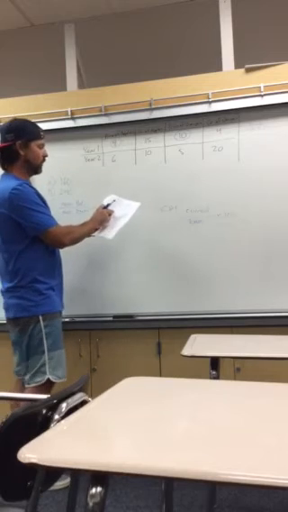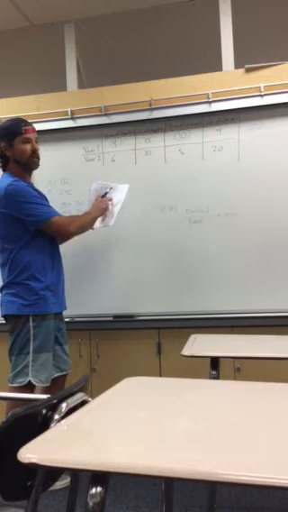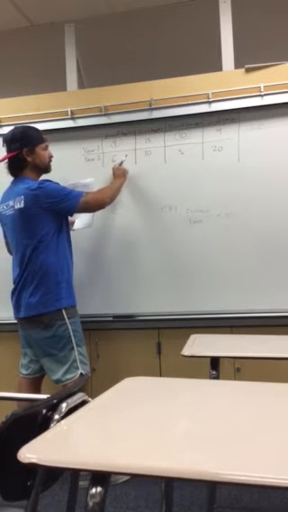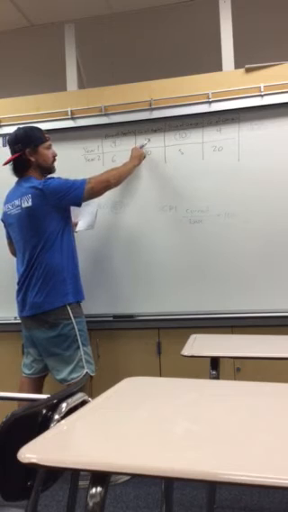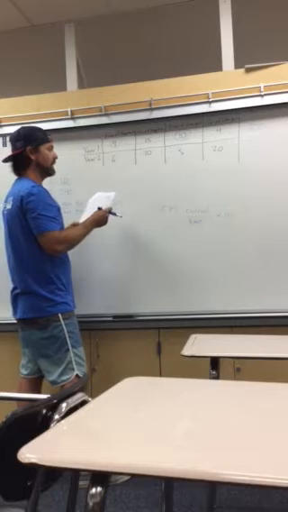But now it says that we want to use the quantities in year 1. So now we have to do a little bit of cross multiplication. We're going to take 6 times 15, which winds up being 90.